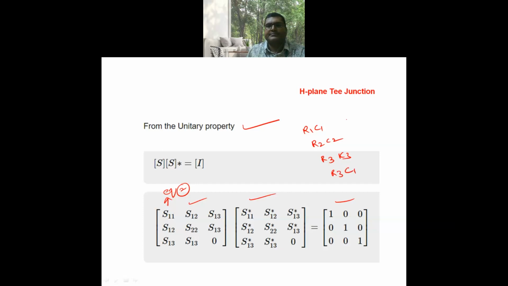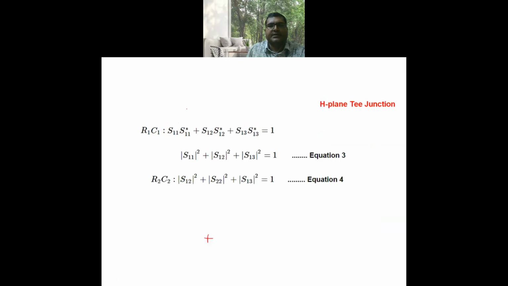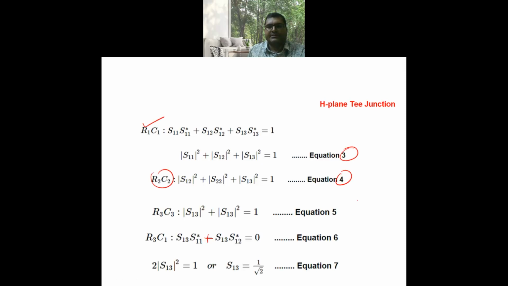We get 4 different equations by expanding along R1, C1, equation number 3, R2, C2, equation 4, R3, C3, equation 5, R3, C1, equation number 6. Now here from equation number 5, we can determine the value of S13 is equal to 1 by root 2.